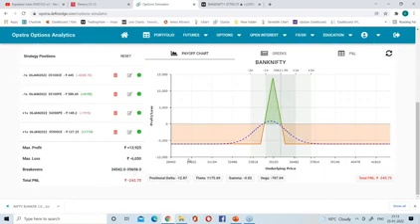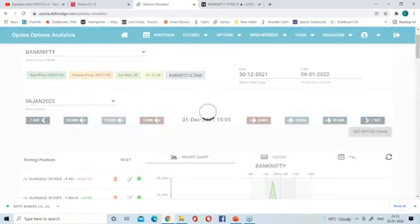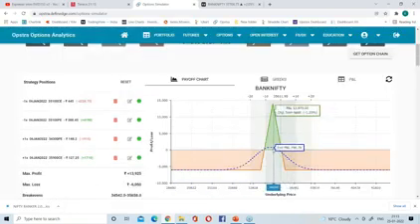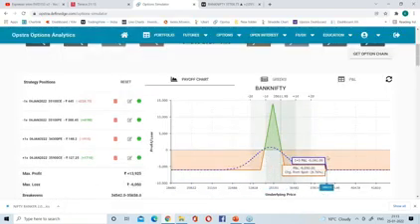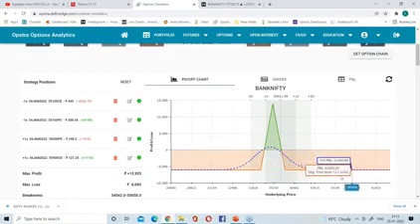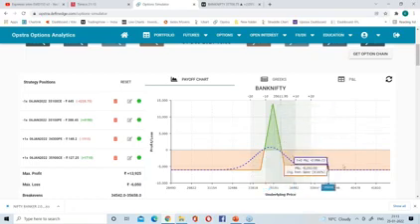Around 35,600. Then we will switch this 35,900 to 35,600. It means we will switch 300 points. Because in case of directional panic, you first have to reduce this loss. If the market is going up, then we have to reduce this loss first.